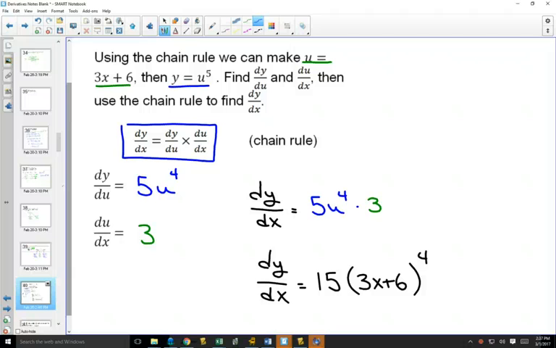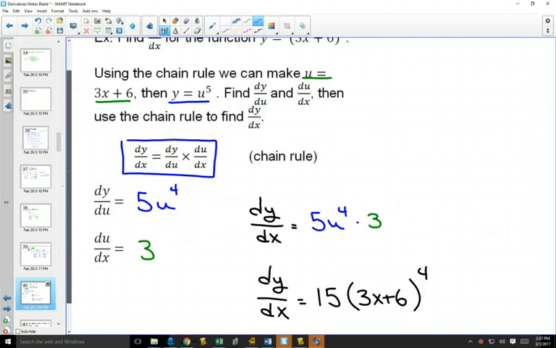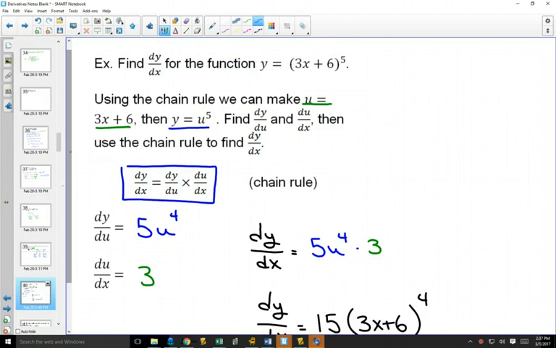So how are we going to do this? We're just going to do it directly. We're going to get good at recognizing what my inside function is and what my outside function is. We're going to get good at looking at this and say, I see that 3x plus 6 is inside of something to the power of 5. So if I'm looking from the outside in, and I sort of think of hugging my function, because you should hug math as much as you can. Anyways, coming from the outside, so from both sides, the first thing I'm going to hit is that power of 5.